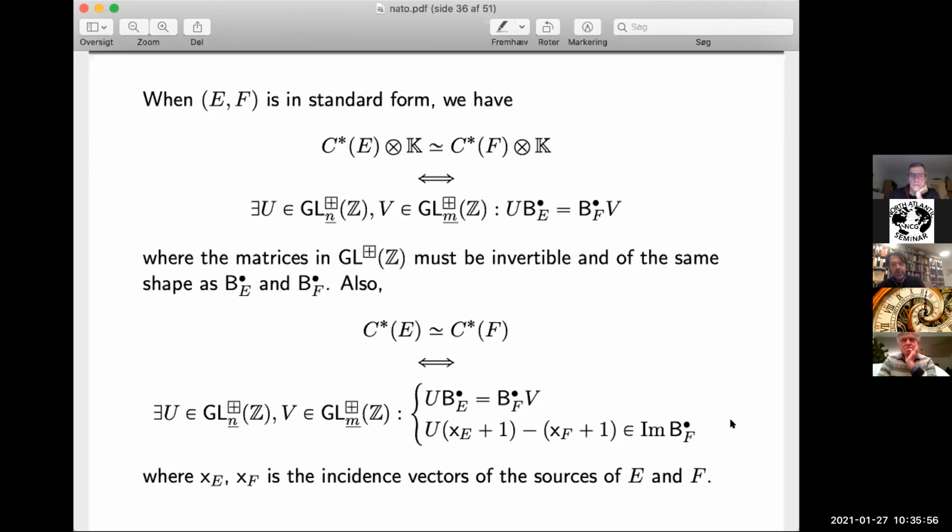So when we prove that you have stable classification, then essentially we prove that if the K groups are isomorphic, then you can lift that to a GL equivalence in this setting.